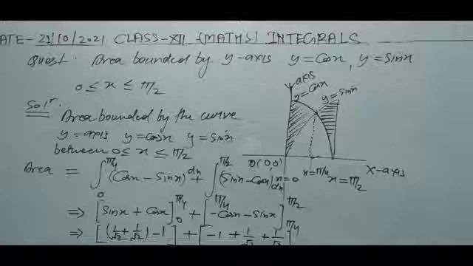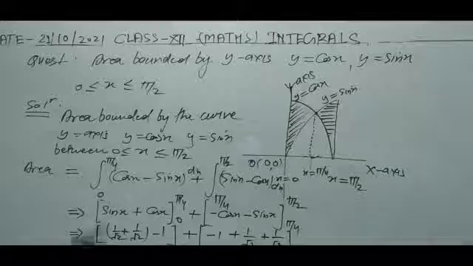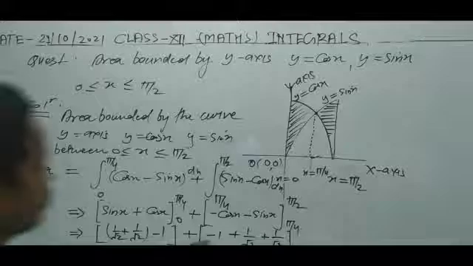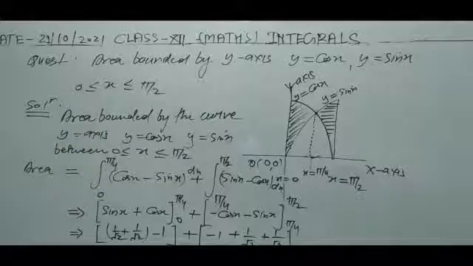Now 1 by root 2, 1 by root 2, 2 by root 2, result is root 2 minus 1, and now this result is root 2 minus 1.